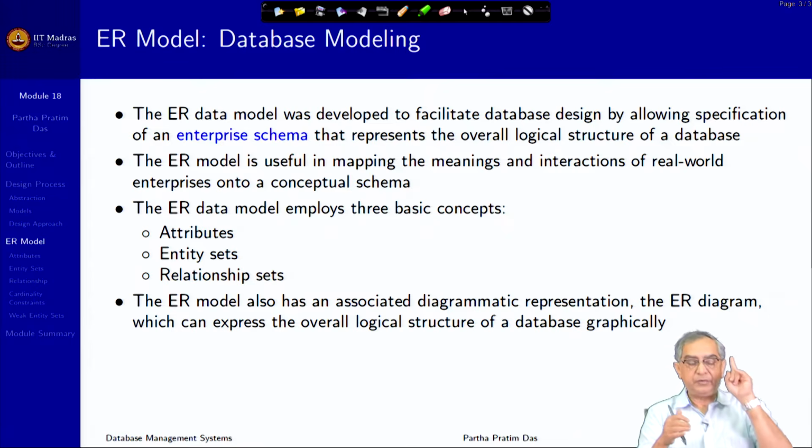And for that we need three things. We need attributes which describe different elements in the enterprise real world. What are described by these attributes are entities, and a set of similar entities having the same set of attributes form entity sets, and then we have relationships, which are also sets, between two or more entity sets.